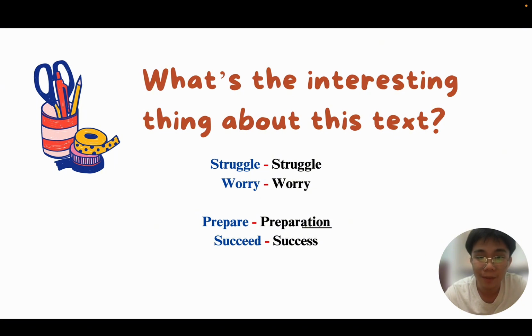They have the same spelling and pronunciation, and their noun and verb forms have the same pattern. While prepare, preparation, or succeed and success, they have different pronunciation as well as spelling. So what's the reason? Okay, let's explore it. Mr. Tam will help you to know that.